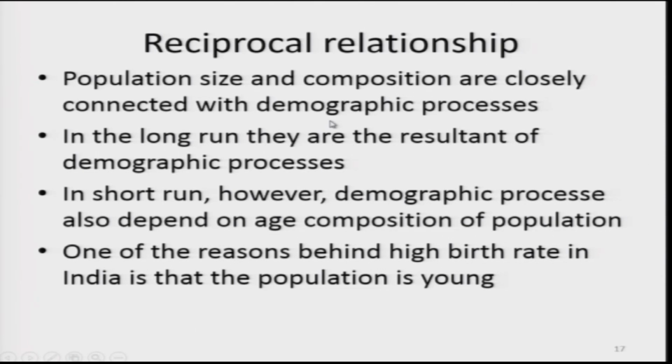I remember there was a statement in the 10th 5-year plan that one of the major reasons, 60%, behind why India's growth rate is high is the younger age distribution. 20% was due to unmet needs for family planning, and 20% was due to high mortality.